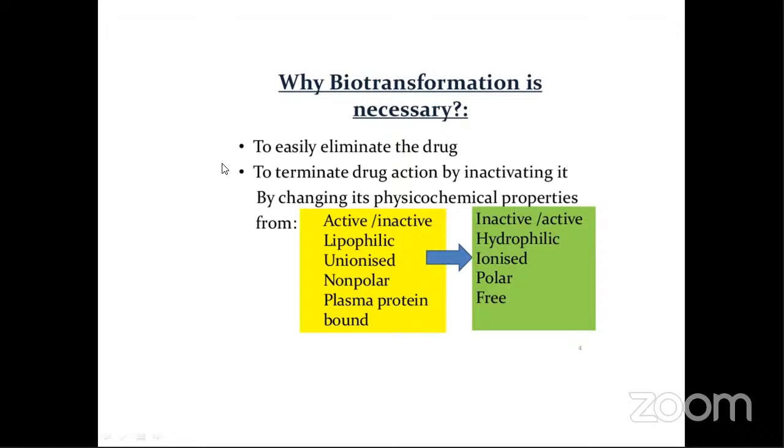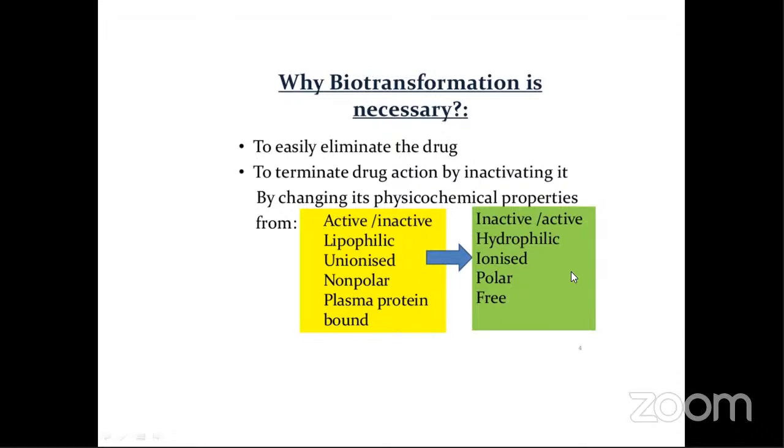Because a long duration of action is sometimes not good for health and will cause toxic properties. So by changing its physicochemical properties, you can terminate the drug action.